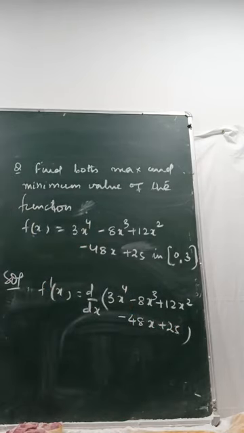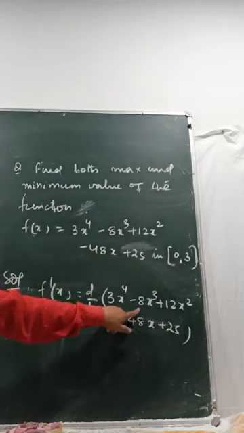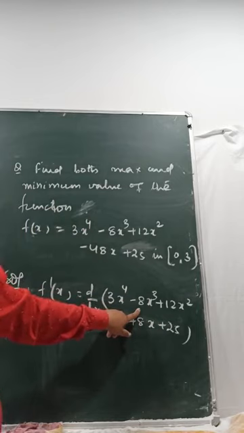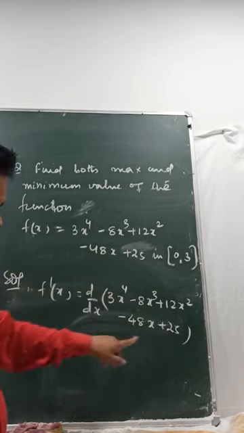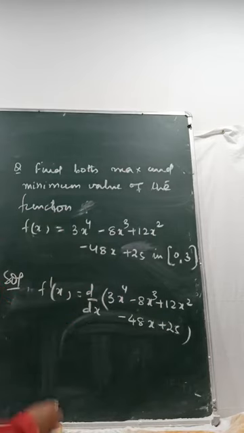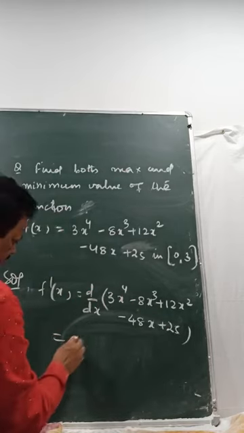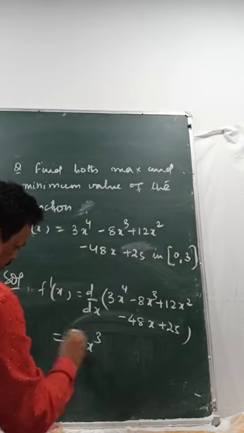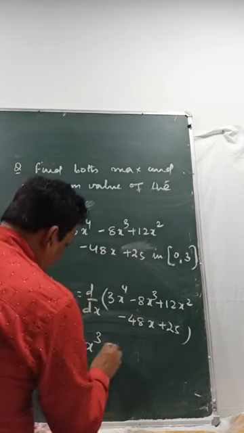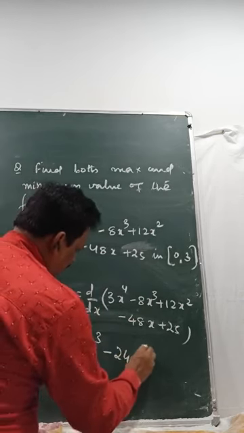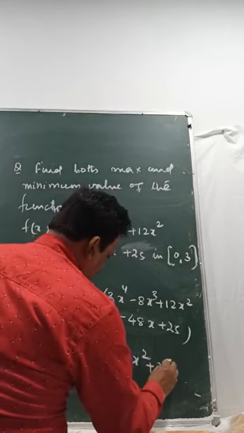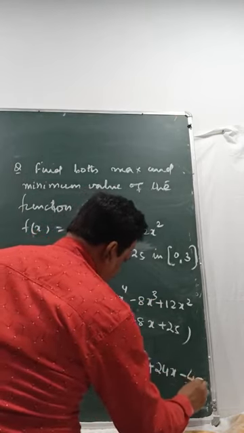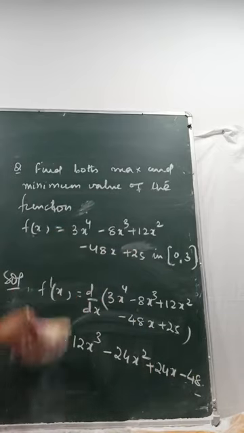How much will you get? Now 12x cube minus 24x square plus 24x minus 48. Okay.